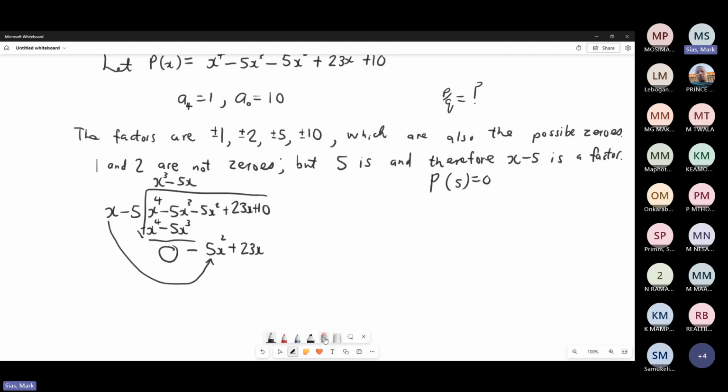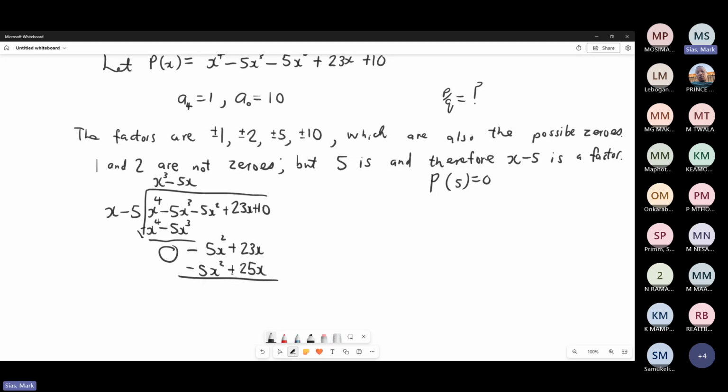And again, I do the multiplication. So x times minus 5x is minus 5x squared, and then minus 5 times minus 5x is plus 25x. Then I do my subtraction.